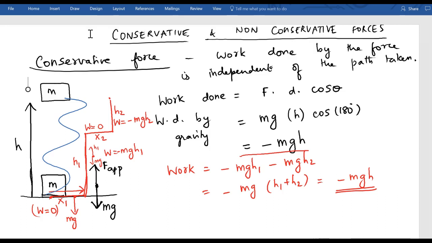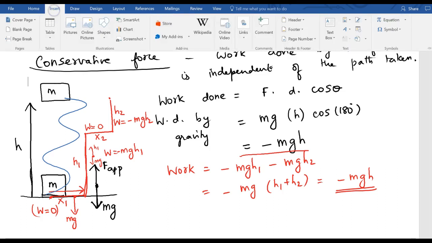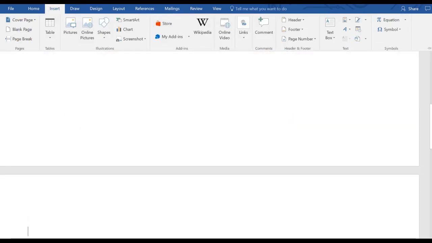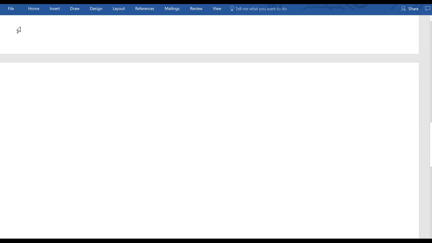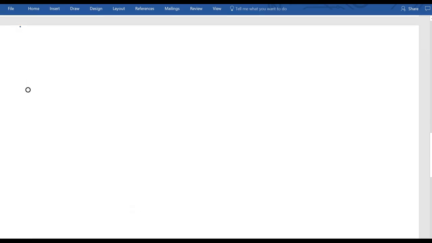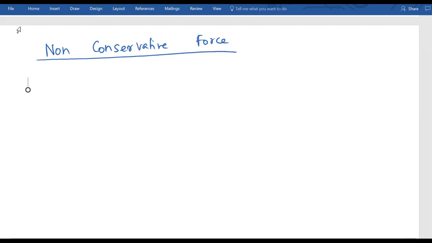We want to see what a non-conservative force is. An example of a non-conservative force would be friction, which means that the work done by friction will depend on the path.